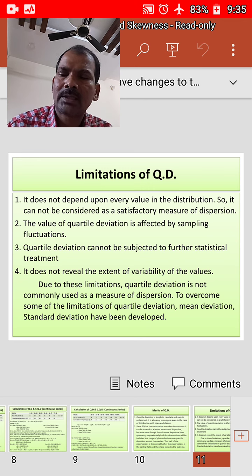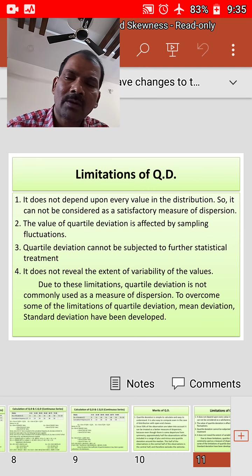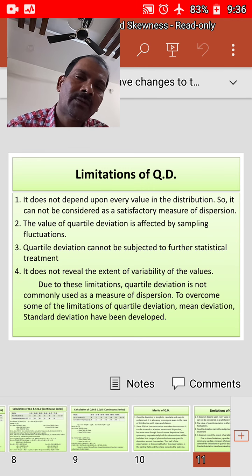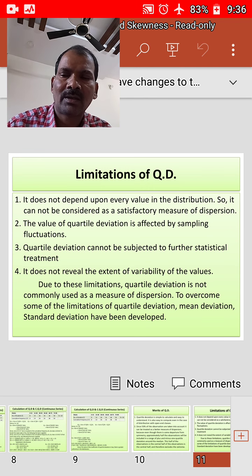Next, the value of quartile deviation is affected by sampling fluctuations. As we know, 50% of the values of a given series is used. If you alter the samples, that will affect the quartile deviation. This is also a limitation that we come across here.